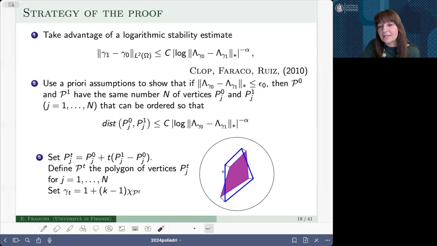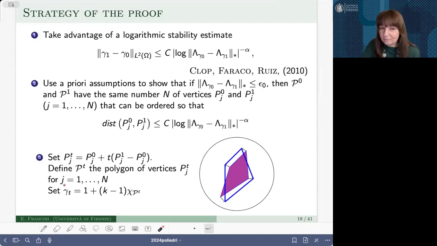And in this case, it's easy to find a movement that takes one of the two, say P0, which is the red polygon here, to the other one, P1, which is the blue one, because they have the same number of vertices. So what you need to do is just move one vertex at a time. The vertices are close together, and so you need to make this movement to pass from one position to another.